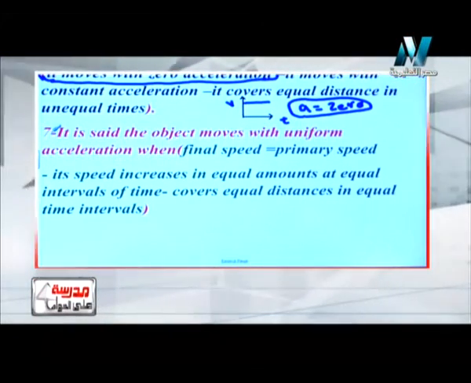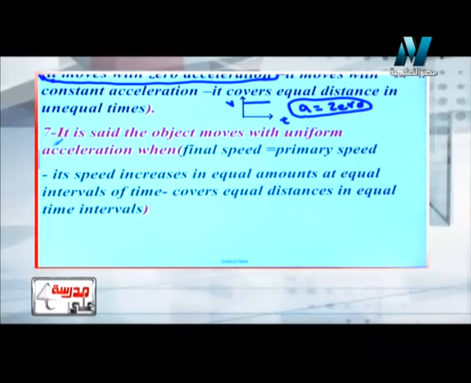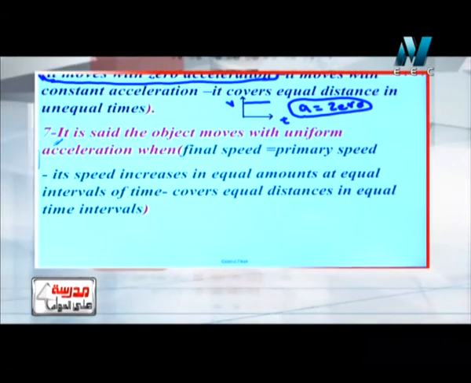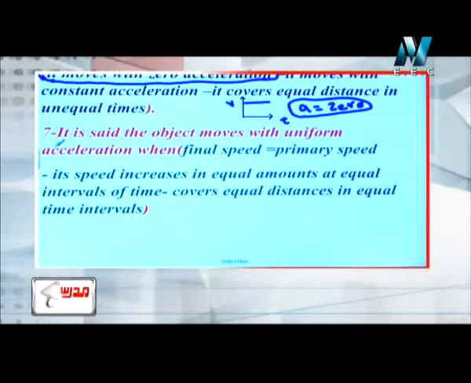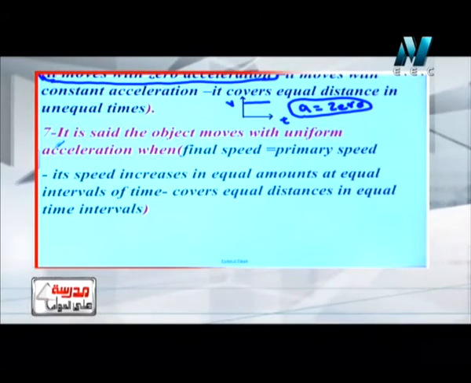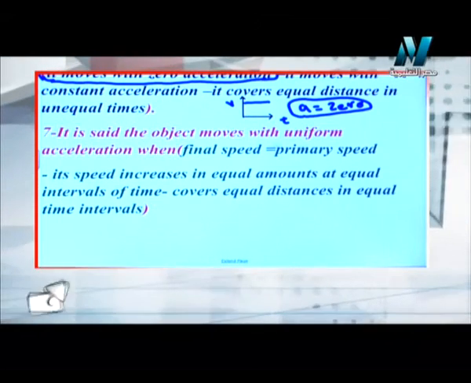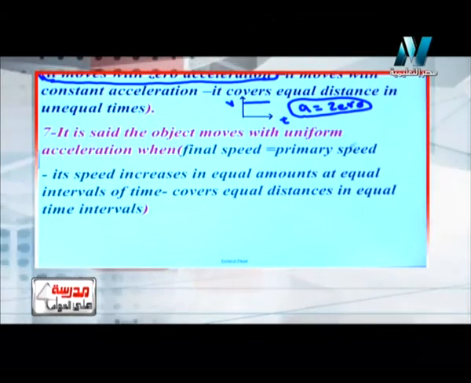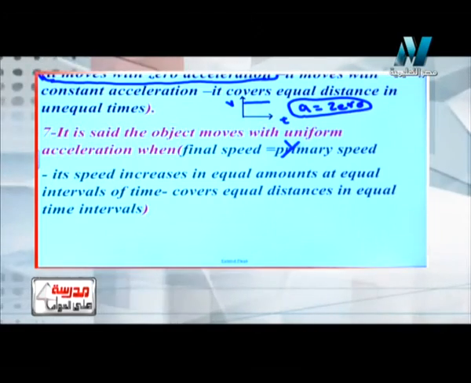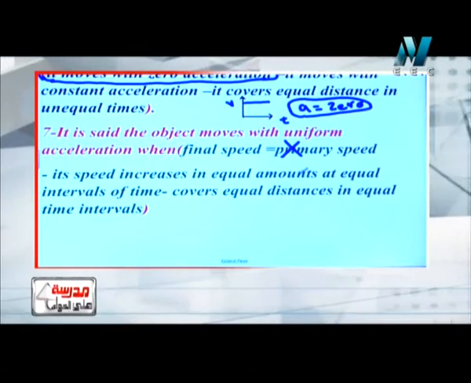Number 7. It is said that the object moves with uniform acceleration. Uniform acceleration when final speed equals primary speed. I say no, that doesn't work, because if final speed equals primary speed, we have no acceleration here. We have acceleration equal 0. So we can't choose this answer. Number 2. Its speed increases in equal amount at equal intervals of time.